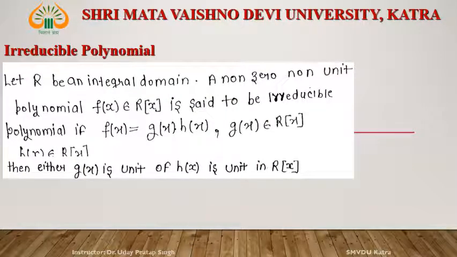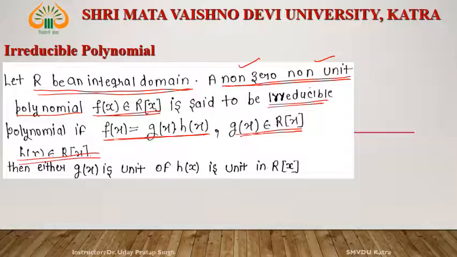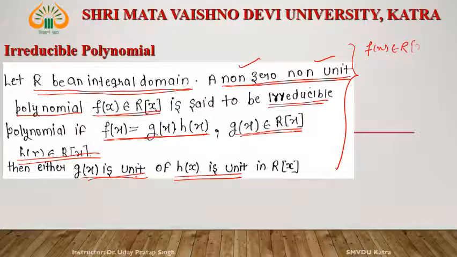If R is an integral domain, a non-zero non-unit polynomial f(x) in R[x] is said to be irreducible if f(x) is the product of two polynomials g(x) in R[x], h(x) in R[x], then either g(x) is a unit or h(x) is a unit. It means f(x) belongs to R[x].